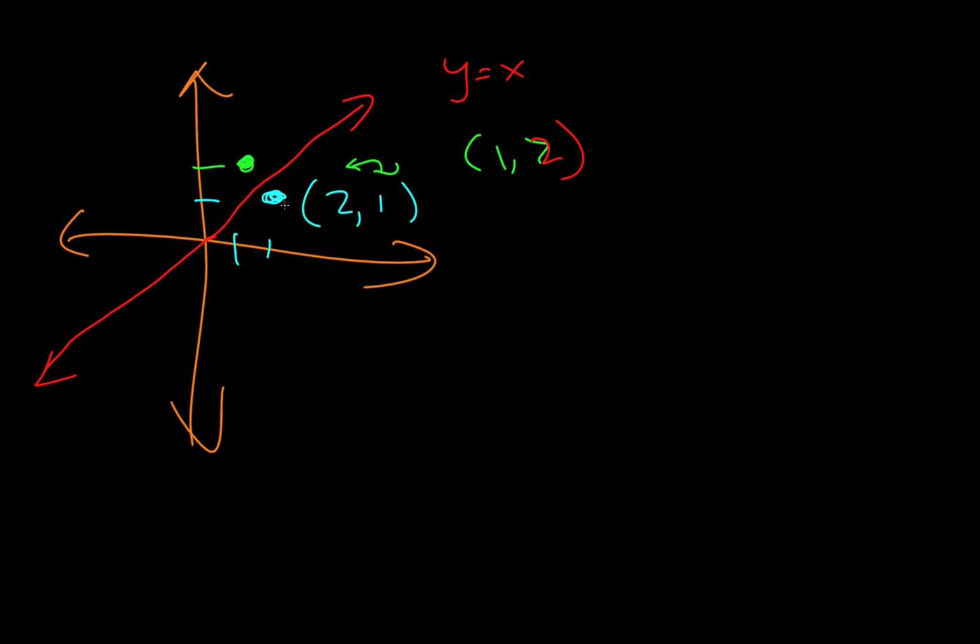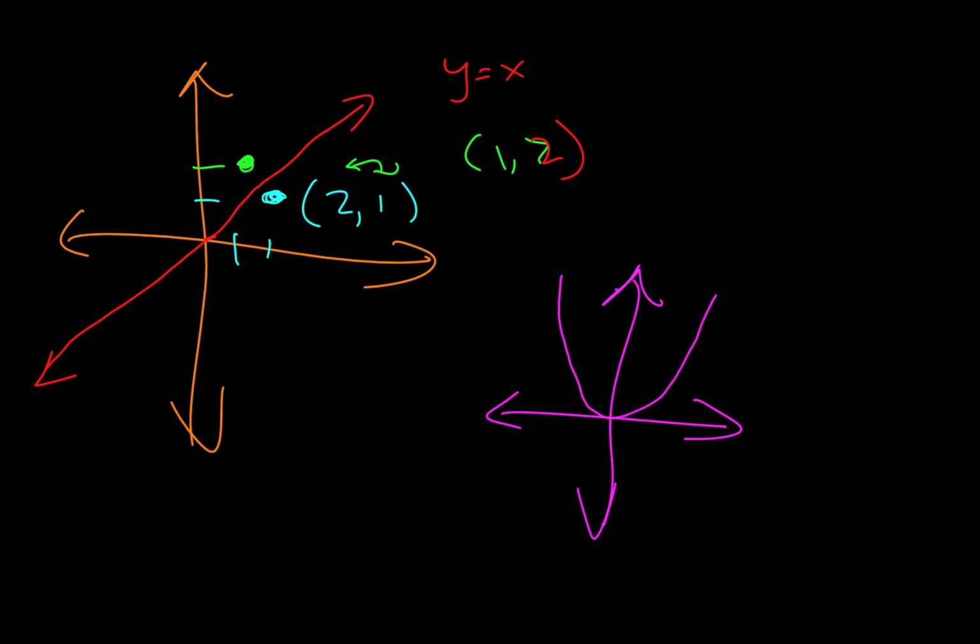And so hopefully you can see, even with this bad drawing, that this blue dot reflected across that line and became the green dot. So if we see that with a continuous function, let's do a parabola. And then if we have that line, y equals x, if we reflect everything across that, we're actually going to get a sideways parabola.